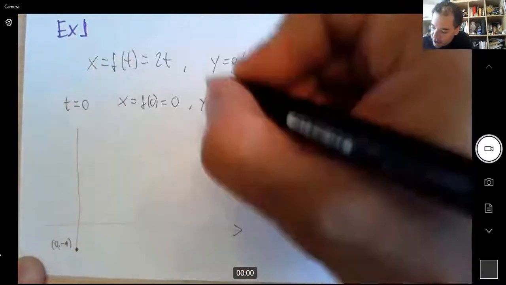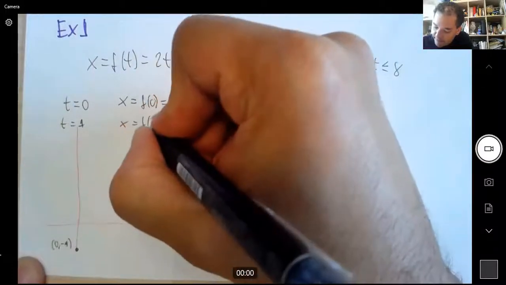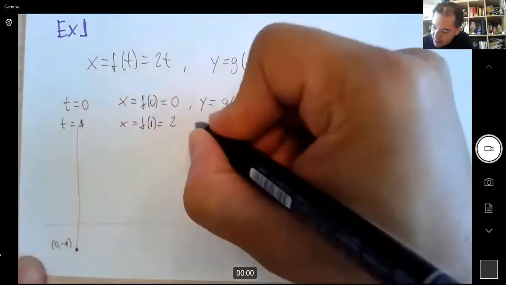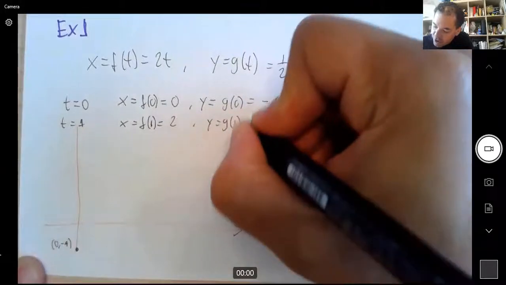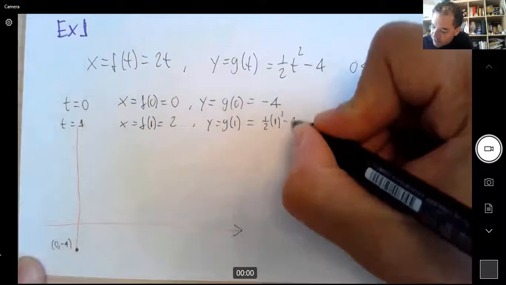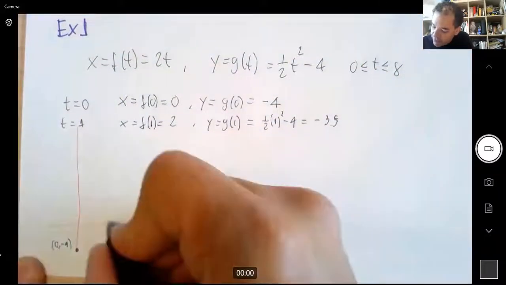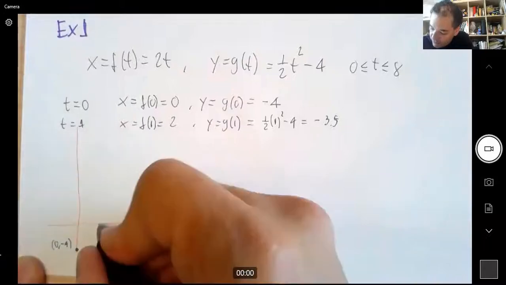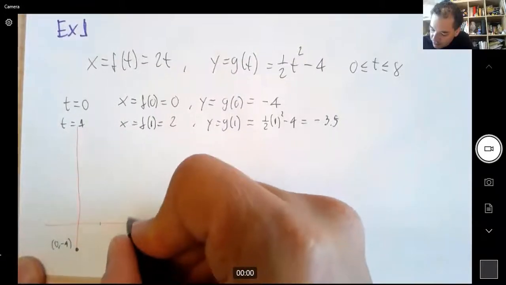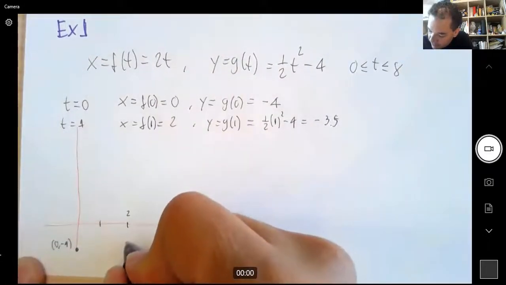If we do t equals 1, the x will be f of 1, and that's 2. And the y would be g of 1, which is 1/2 of 1 minus 4. So that's -3.5. So after 1 second, we are at 2, and then -3.5, somewhere over here.